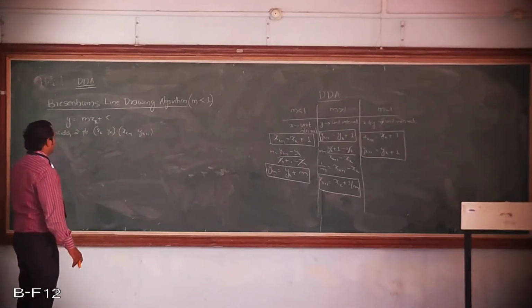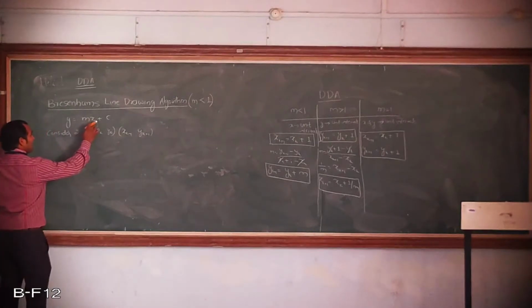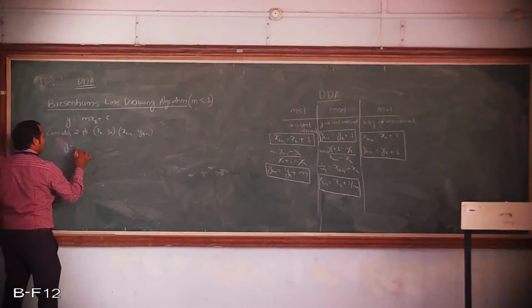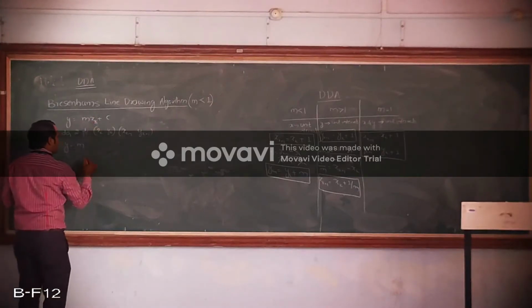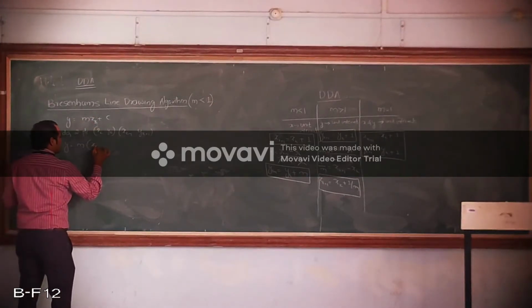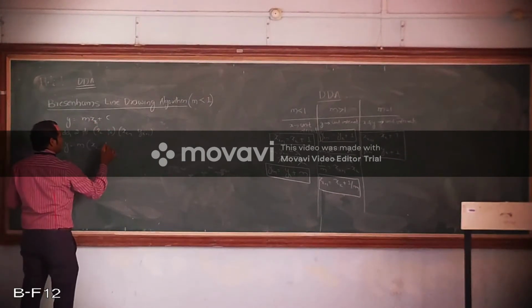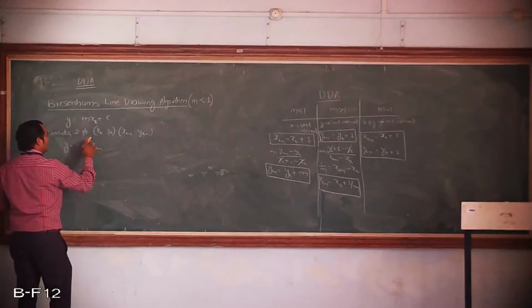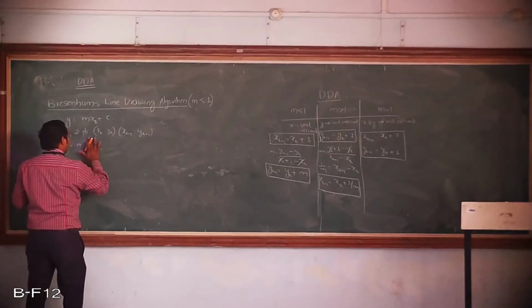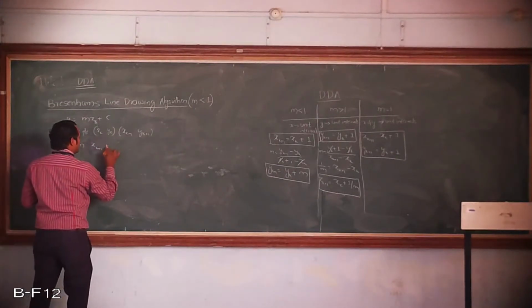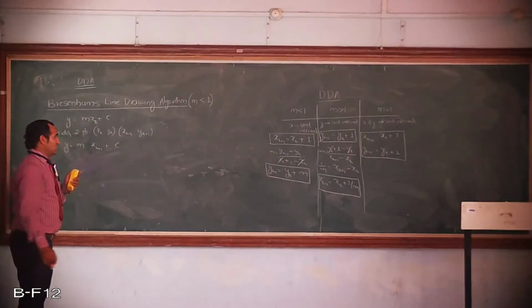Then, for the next x coordinate, y should be equal to m into xk plus 1, plus c as it is.